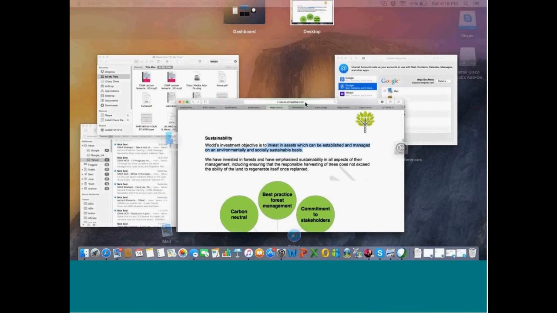So what are the key points here that you can see? Their strategy is to combine their business model to make sure that they manage the natural resources in a sustainable manner, so that the shareholders benefit from long-term capital appreciation as well as dividends.